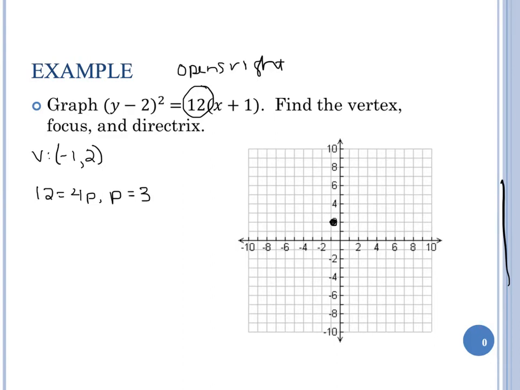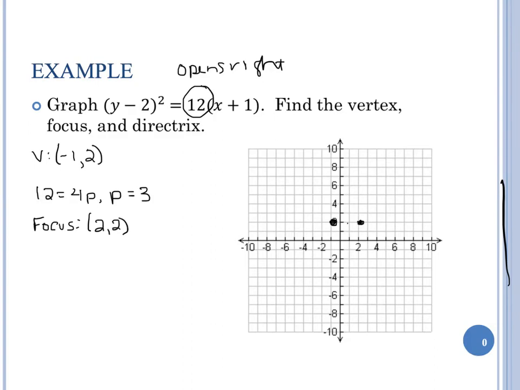P is 3, and it's inside my parabola, so I'm going 3 units right. So that's my focus, which is at 2, 2.